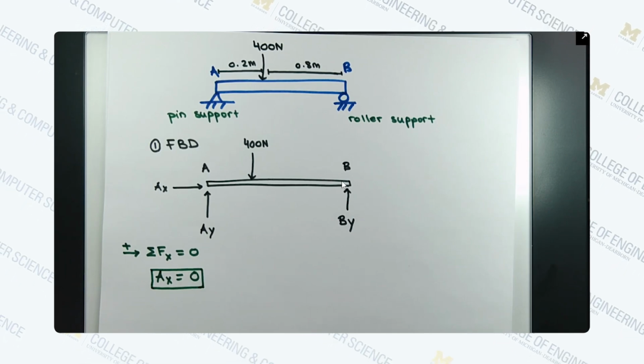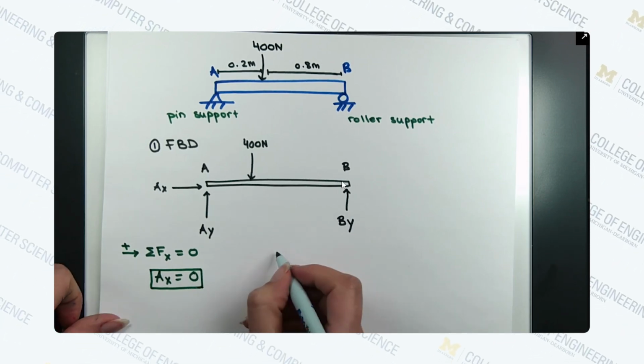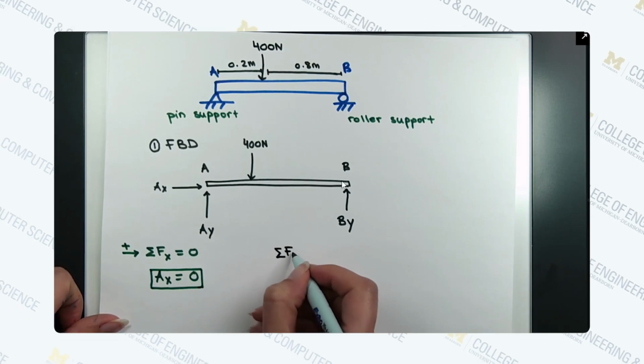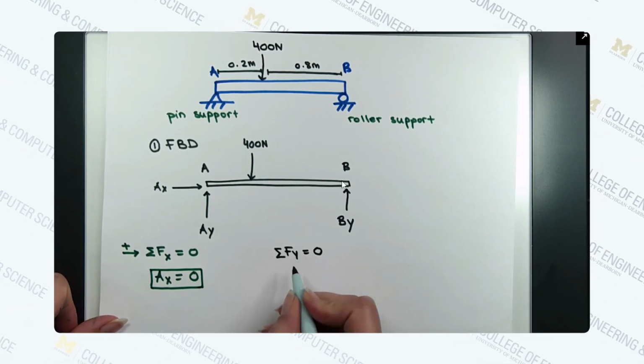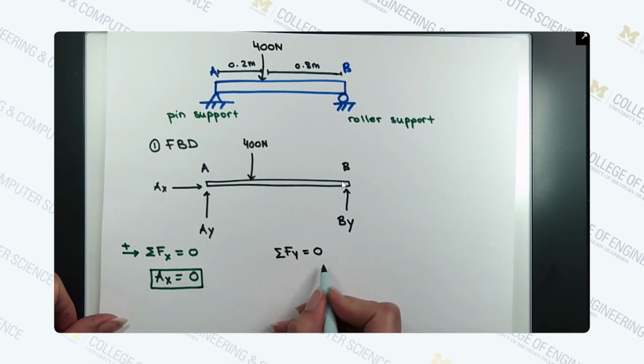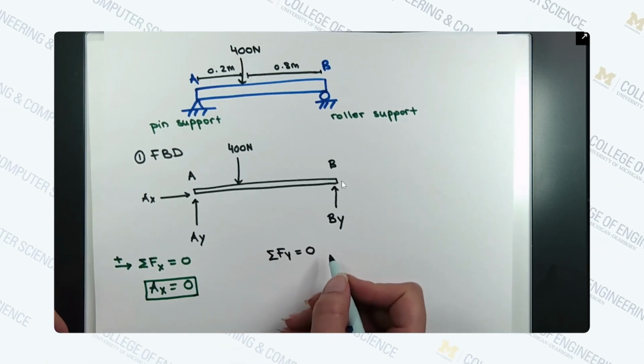The second equation of equilibrium is going to be in the Y direction. So the sum of forces in the Y direction is equal to 0, and we will take the positive direction to be upward.